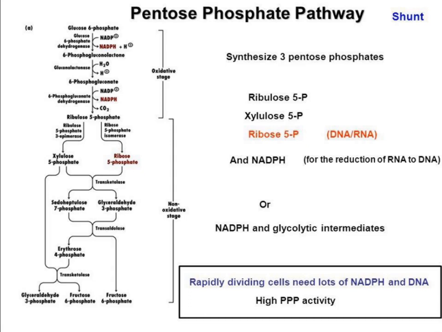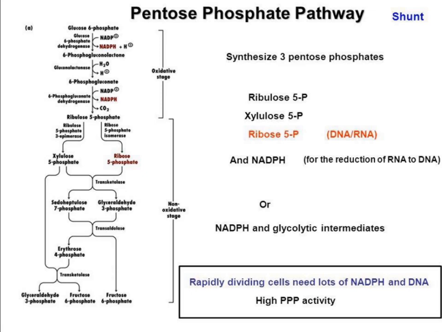Then ribulose 5-phosphate is converted into various phosphate molecules like xylulose 5-phosphate and ribose 5-phosphate. They combine through transketolase to form sedoheptulose 7-phosphate and glyceraldehyde 3-phosphate. Then in the presence of the transaldolase enzyme, this gives rise to erythrose 4-phosphate and fructose 6-phosphate.